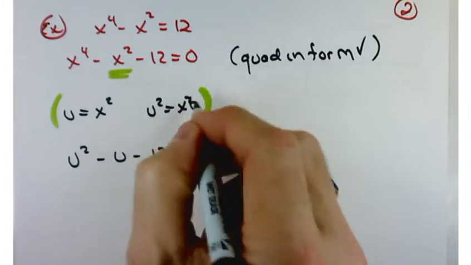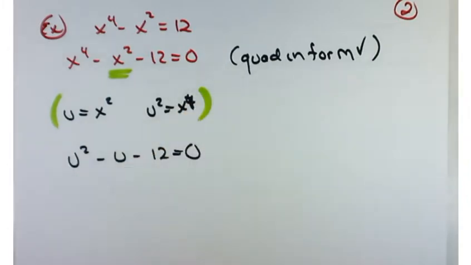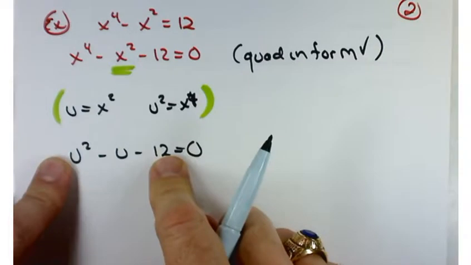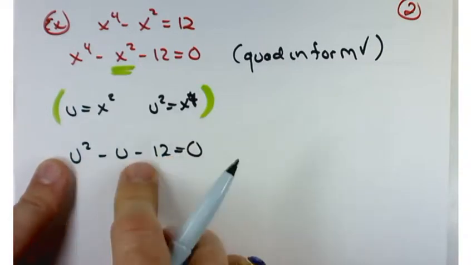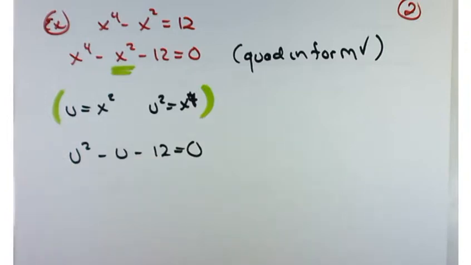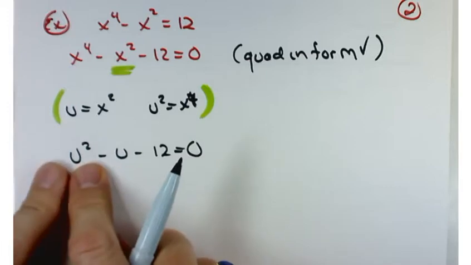X to the 4th. Yeah, sorry. This is going to be a little bit easier to work with. In fact, I'm hoping that you can factor this. How would this factor?